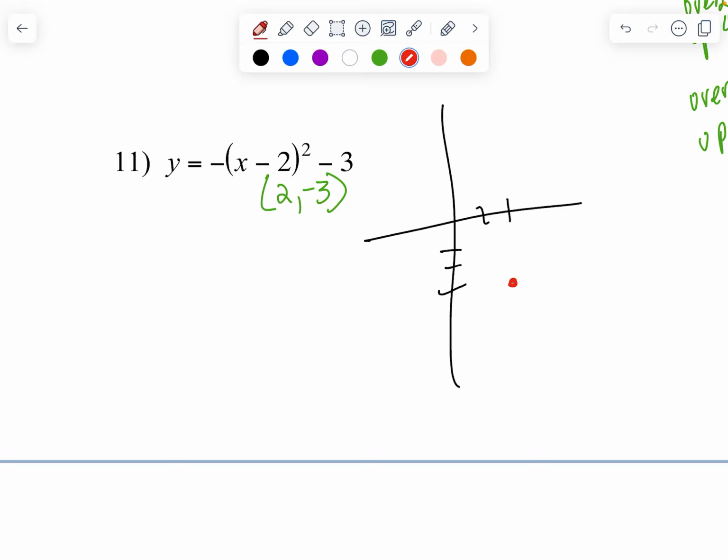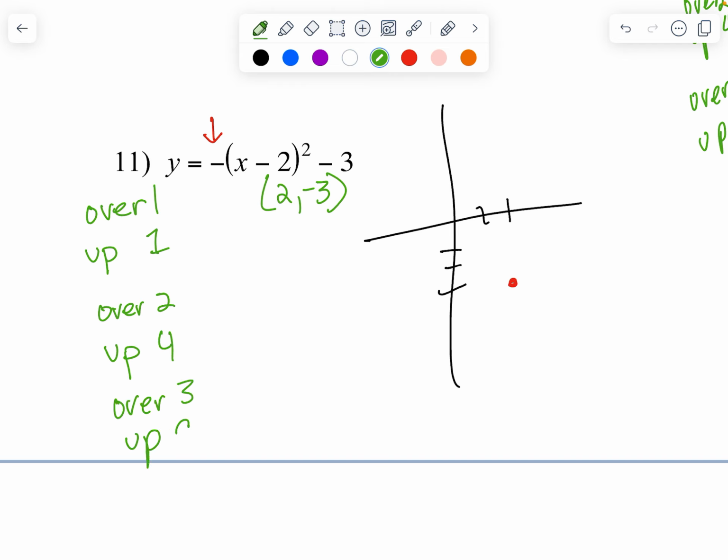Okay. Now, before we multiplied this, remember we did over 1, up 1, over 2, up 4, over 3, up 9. And before we multiplied it by 2.